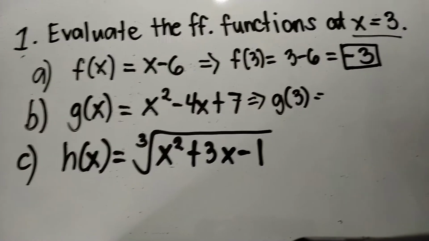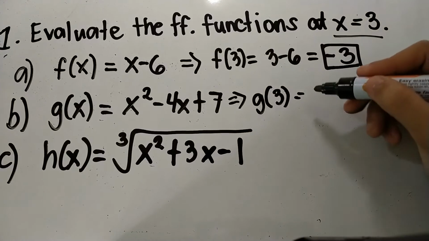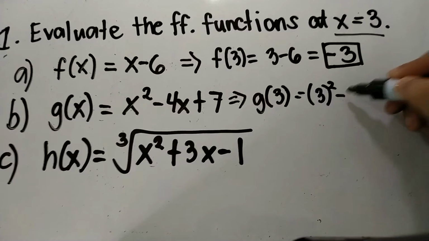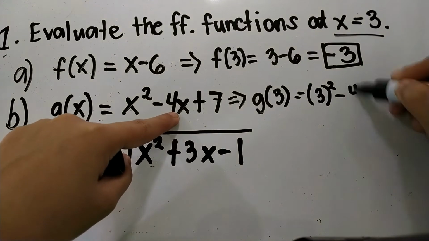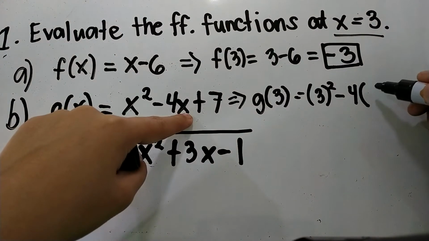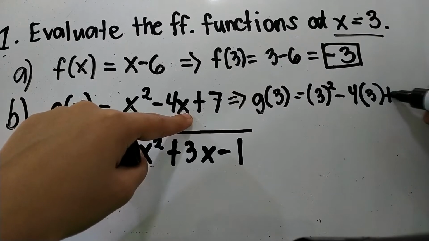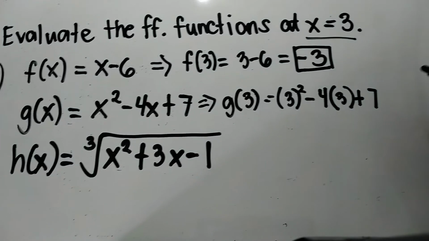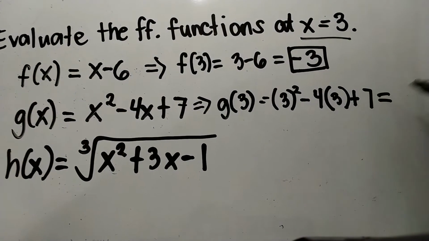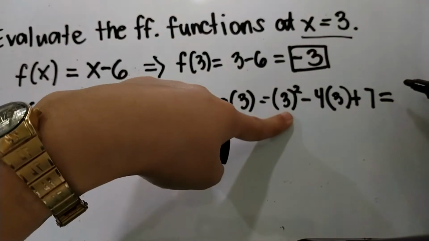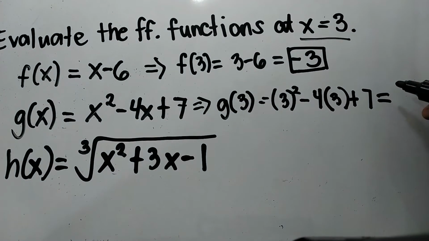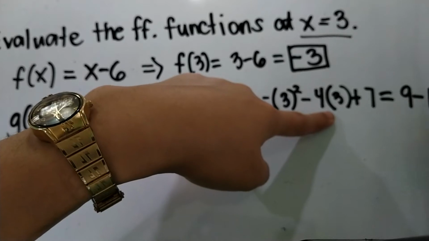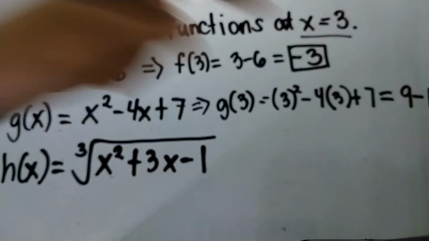Equals, change x to 3 squared minus 4 times 3 plus 7 equals 3 times 3, it's 9 minus 12 plus 7.